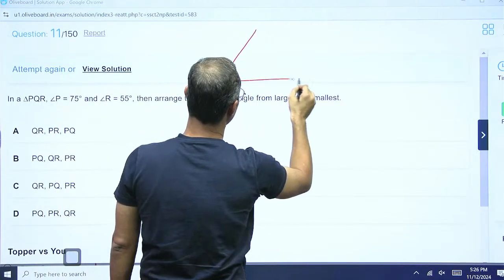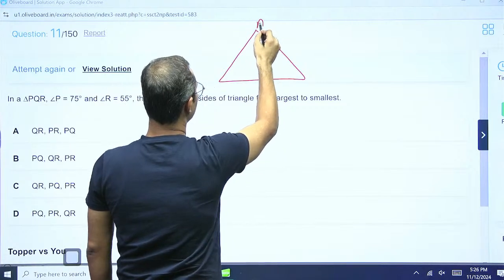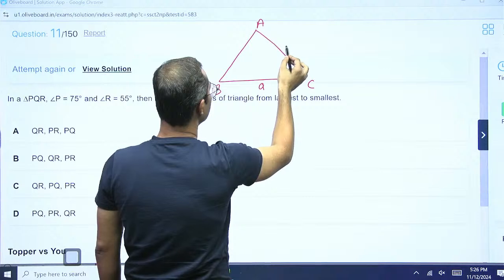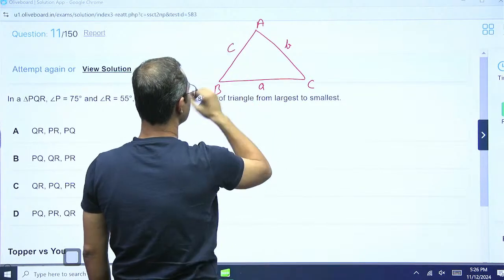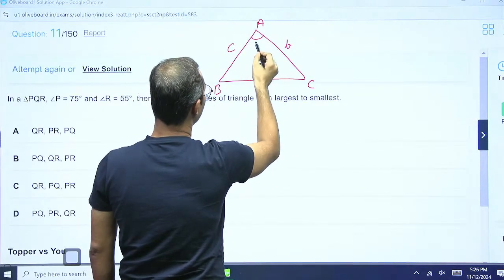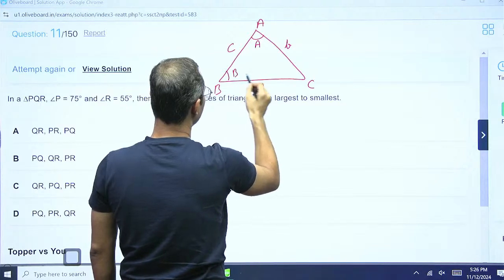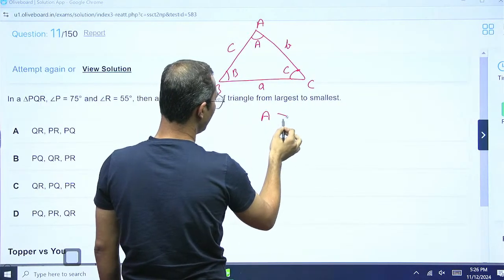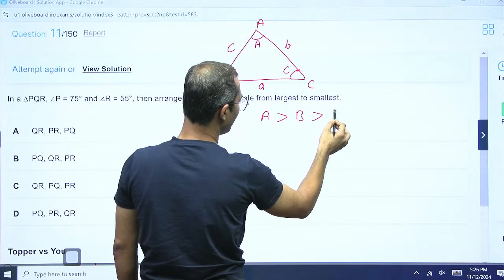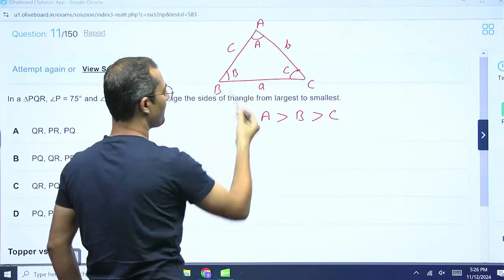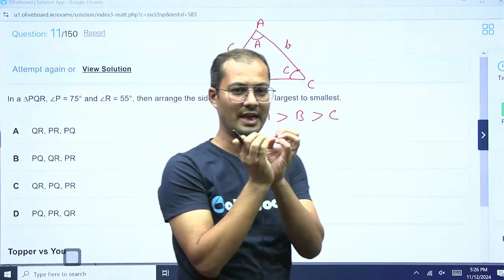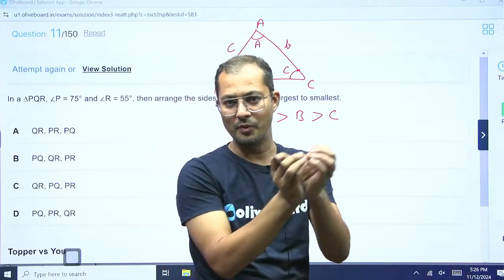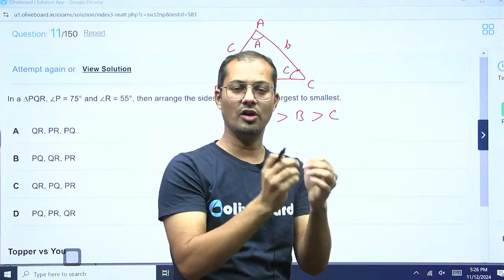Now tell me one thing. If we have triangle ABC, and this is side A, this is side B, and this is side C, or we can say this is angle A, this is angle B, and this is angle C. If I say that angle A is greater than angle B, greater than angle C, it means the side lying opposite to the largest angle is always greater, and the side opposite to the smallest angle is always small.